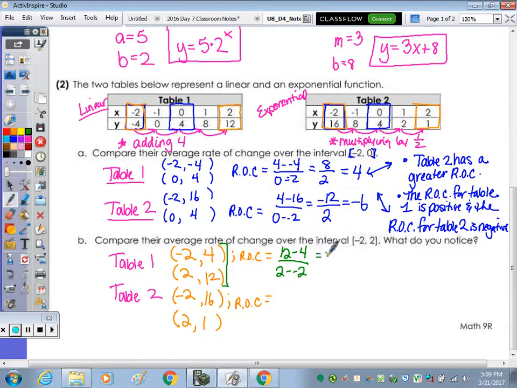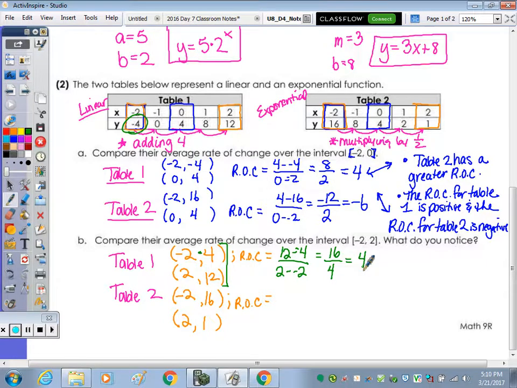Oops, I caught one more mistake. Up here, the y value is a -4. Okay, so we're subtracting a negative. 12 minus a -4 turns out to be 16. And then 2 minus a -2 is 4, and 16 over 4 is 4.